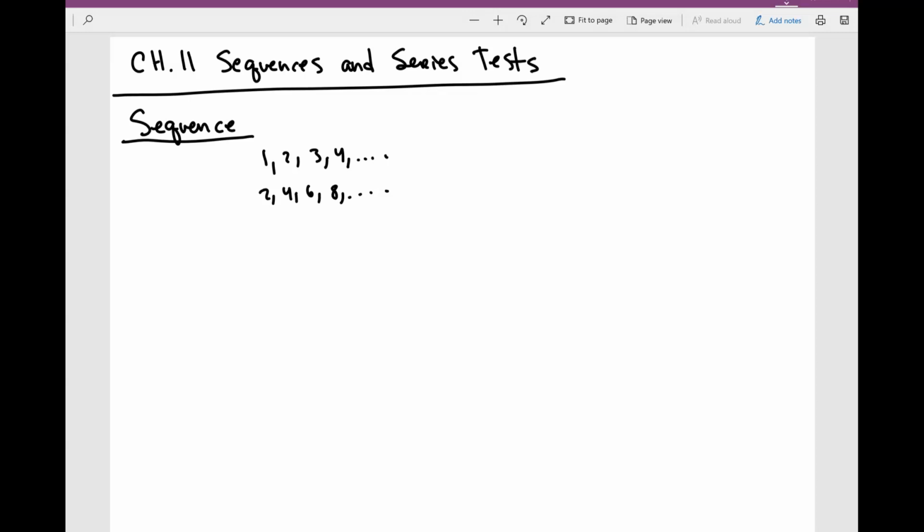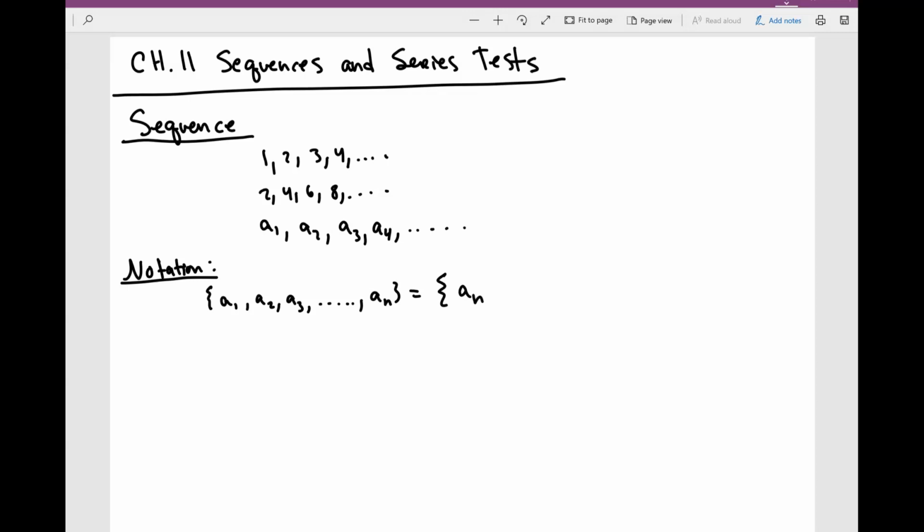In general, we would write them as A1, A2, A3, A4, similar to what you've seen in a pre-calculus class. Now, usually we have some notation for sequences. If you want to write the list A1, A2, A3, continuing all the way to AN, we usually write it with curly braces and then AN.